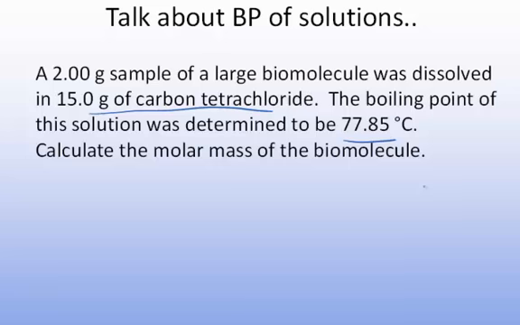We're going to calculate the molality of the solution, and then from that we're going to calculate the molar mass of the large biomolecule, because we're given the mass of the biomolecule that was dissolved in a certain amount of solvent. So the change in temperature in this case is going to equal the molal boiling point constant times the molality of the solution.